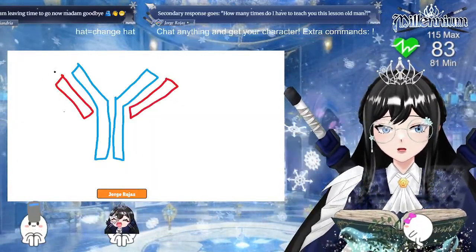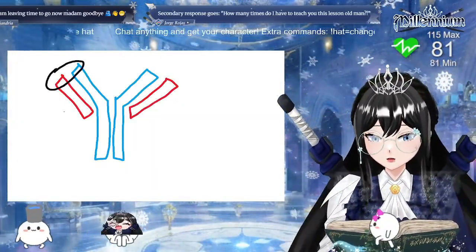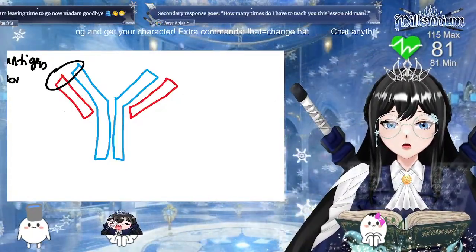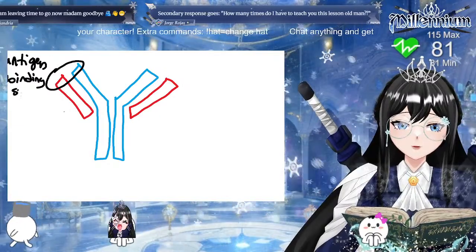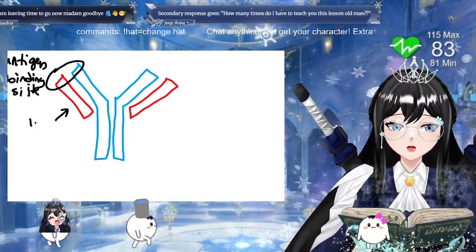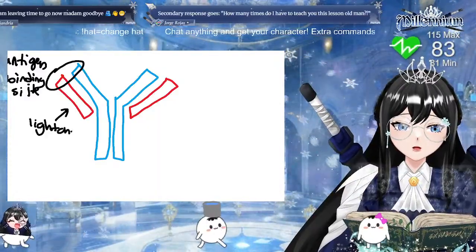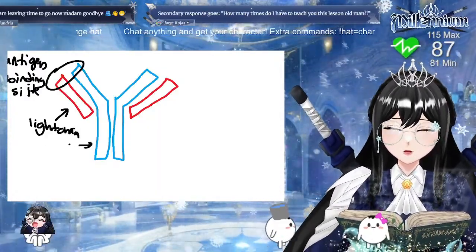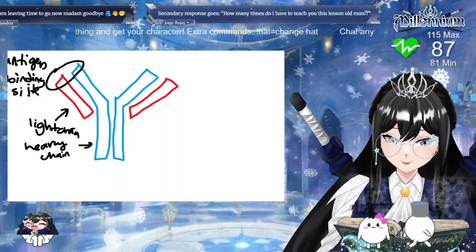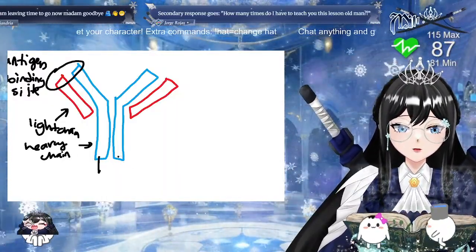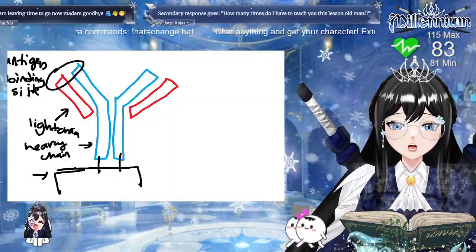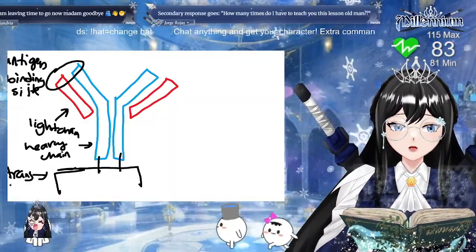Alright, you have the antigen binding site here. And then these are the light chains, and then you have the heavy chain. And then you have the transmembrane region, that's your membrane.